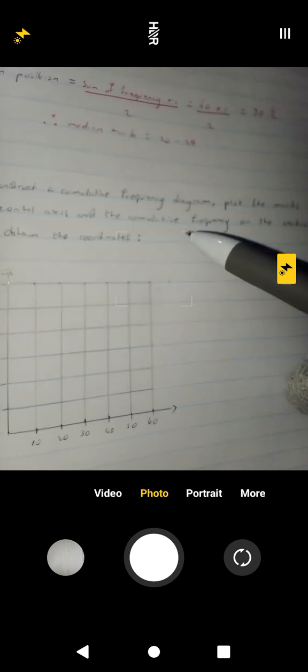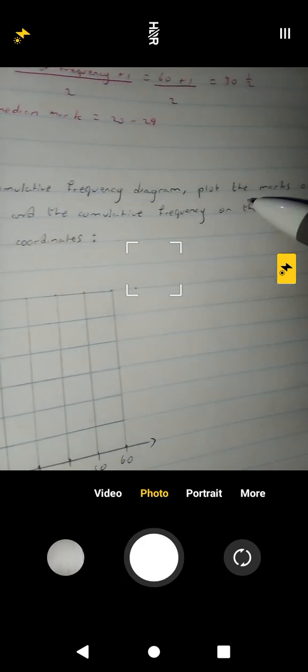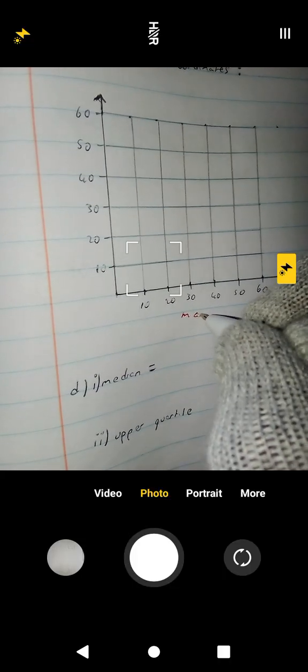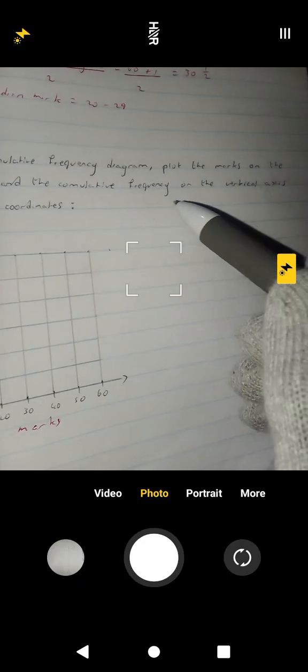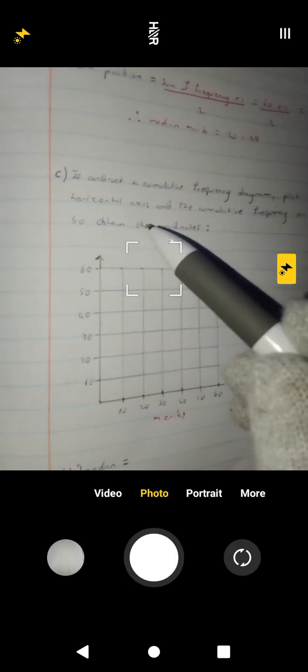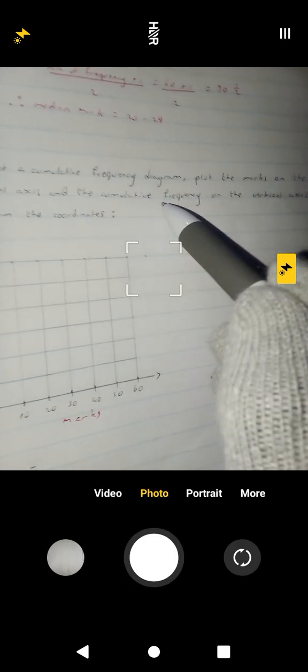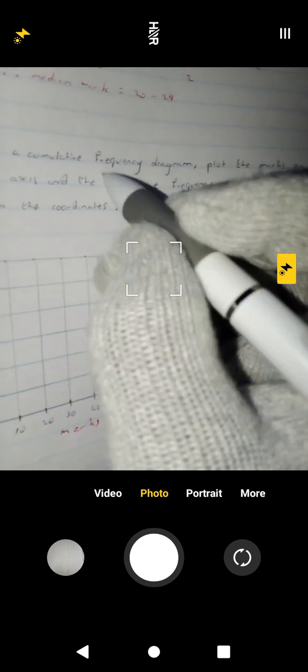On the horizontal axis we plot the marks. So these are actually the marks, and then on the vertical axis we plot the cumulative frequency.